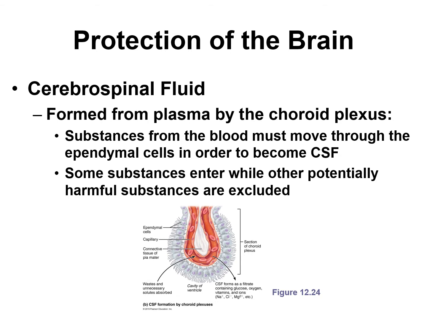This process excludes most substances, only allowing specific substances to cross. At the same time, waste products that are in the cerebral spinal fluid move in the opposite direction across the ependymal cells, across the wall of the capillary, back into these capillaries of the choroid plexus.